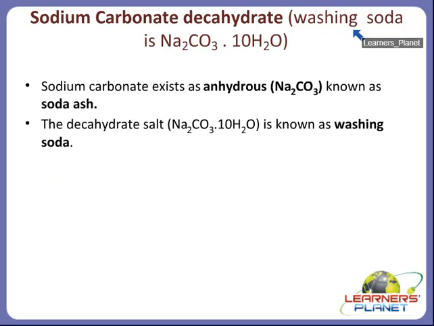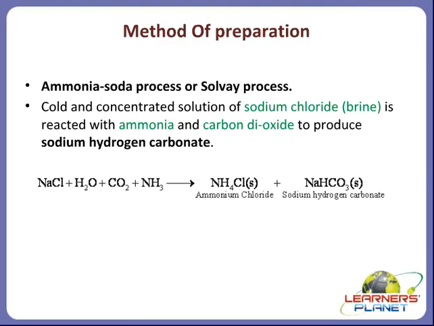Fine. Now let's see its method of preparation. How can we prepare washing soda? The method by which washing soda is prepared is the ammonia soda process, also called the Solvay process.